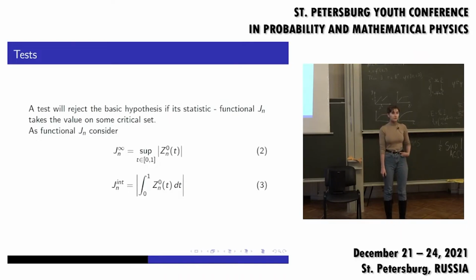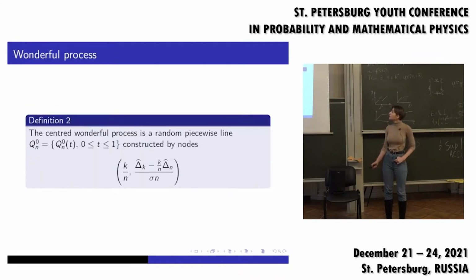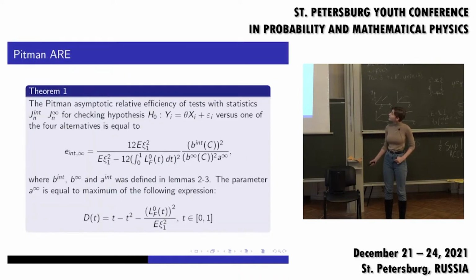And one more question. Can you return to your result? How do you check the null hypothesis? You have 4 alternatives. Oh, sorry, I think it may have misled you.